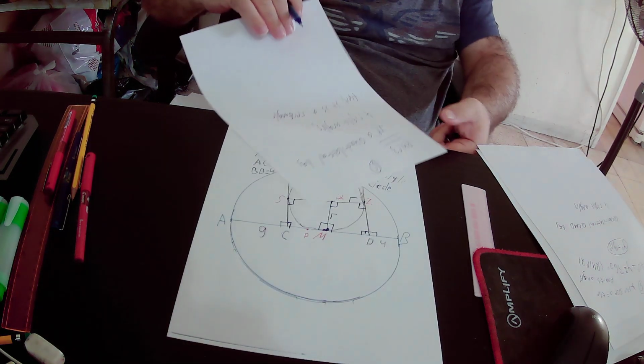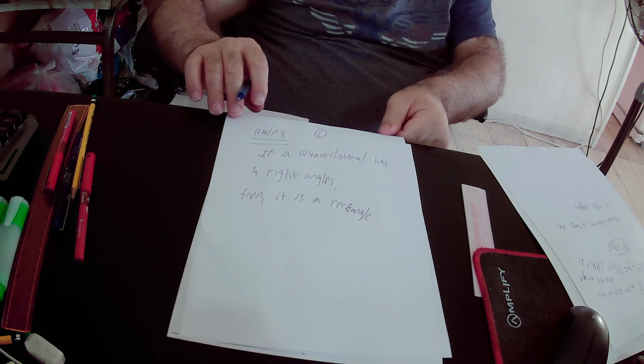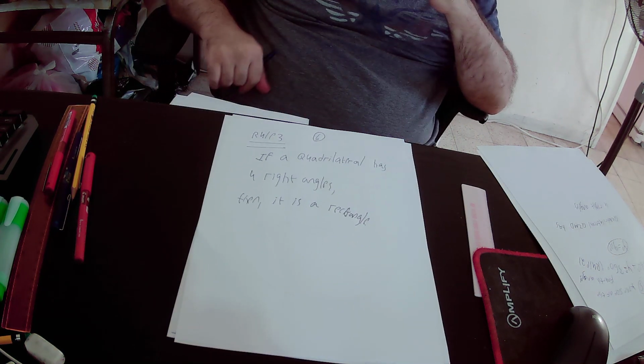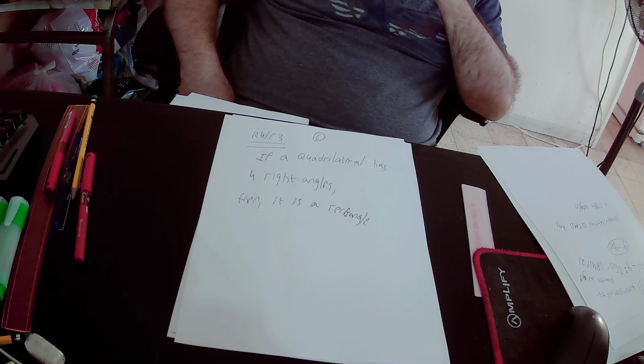I will read rule number 3 again. Rule number 3 states that if a quadrilateral has 4 right angles, then it is a rectangle.